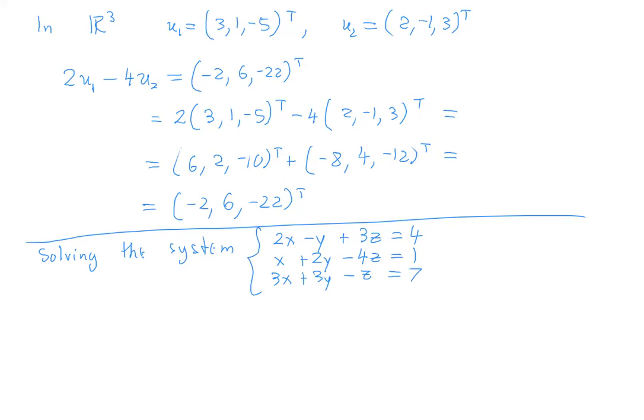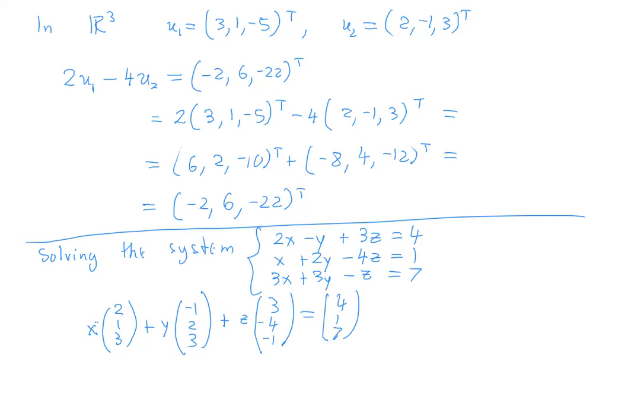This system, as we said, is the exact same thing as you can rewrite it as x times the vector (2, 1, 3) plus y times the vector (-1, 2, 3) plus z times the vector (3, -4, -1) is equal to (4, 1, 7).